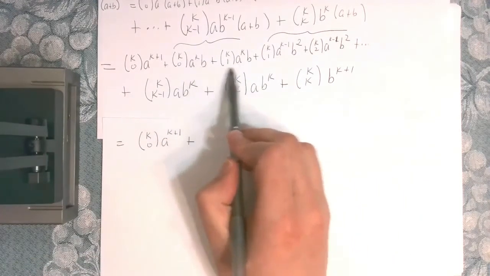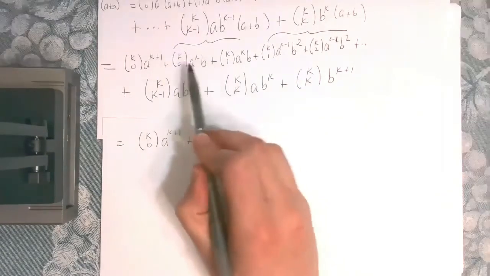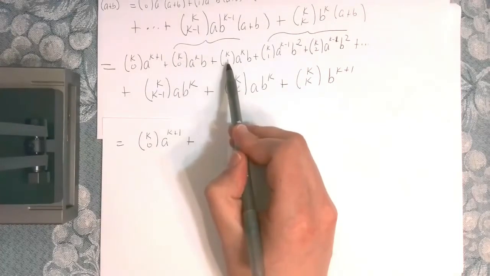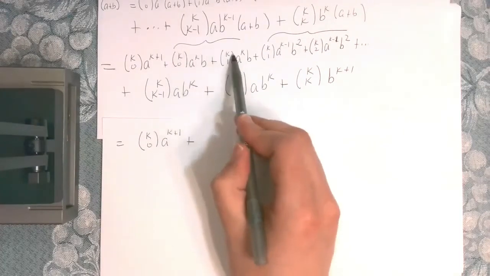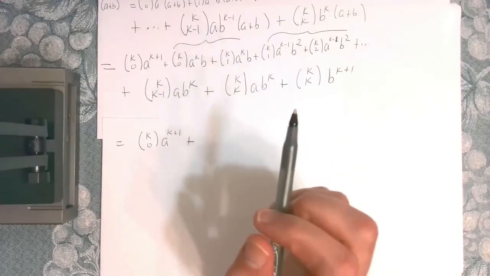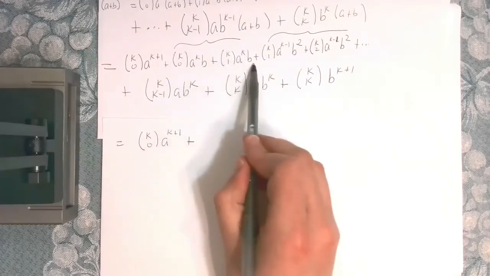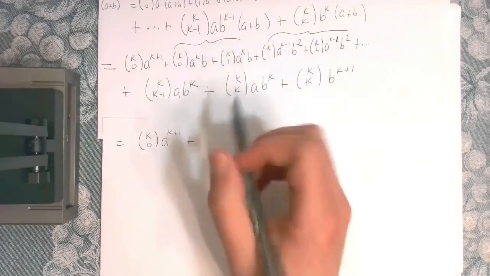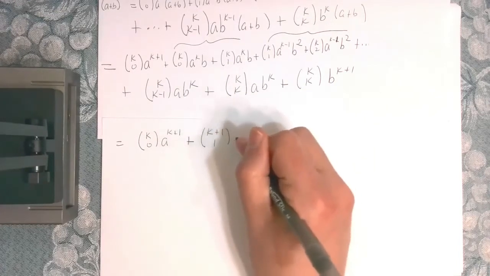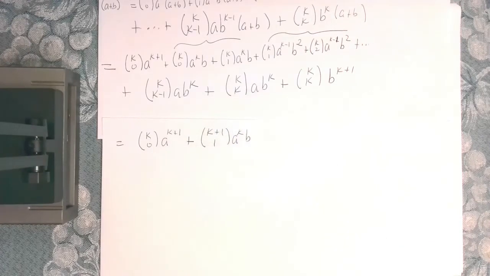But notice what happens when you factor. If I factor this out, we get that property we talked about before. Remember k choose 0 plus k choose 1? That's k plus 1 choose 1. We talked about that a little while ago. So if I factor this out, I've got this plus this, which is k plus 1 choose 1. So that's really why we talked about that property before.